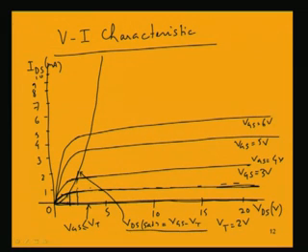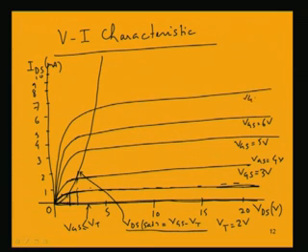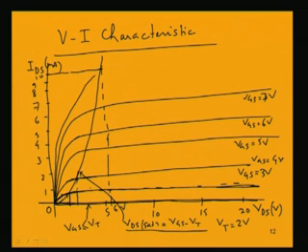Finally, when VGS is equal to 8, then you have 6 volt as the saturation, and the current is say 10. So, basically for VGS equal to 8 volt, this voltage is 6 volt, which is the saturation.